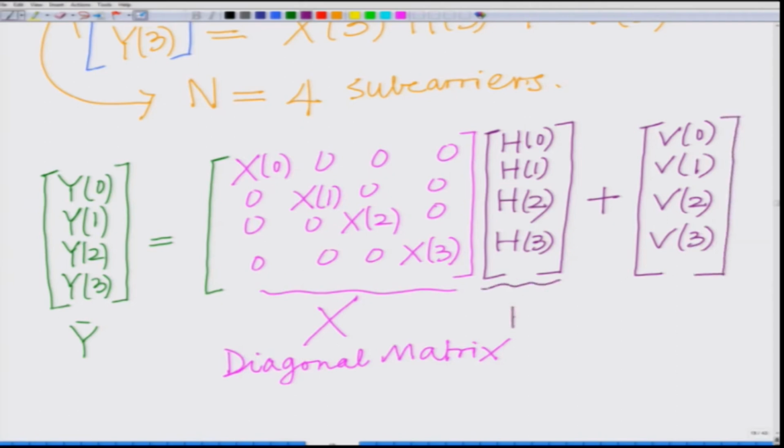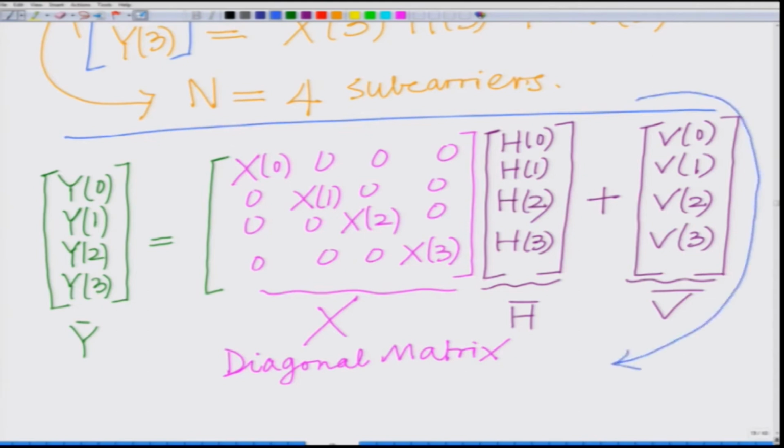So, this is your channel vector, this is your noise vector, and remember this whole model is basically in the frequency domain.